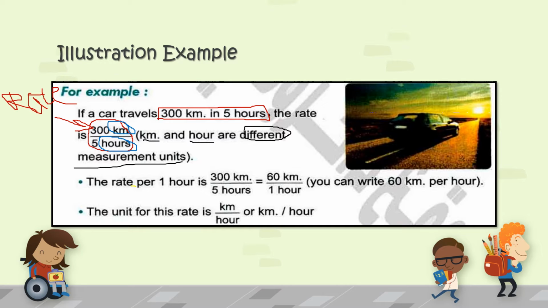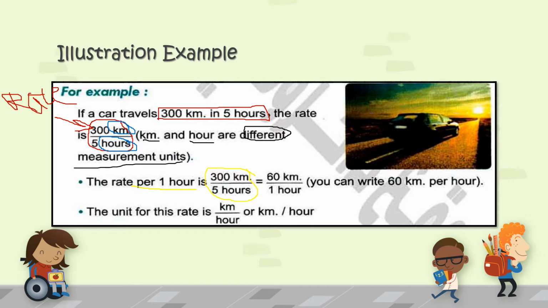So the rate per 1 hour is 300 kilometers over 5 hours, right? Because the car travels 300 kilometers in 5 hours. So to find the rate per 1 hour, we're going to divide them. So 300 kilometers divided by 5 hours, they are both divisible by 5.